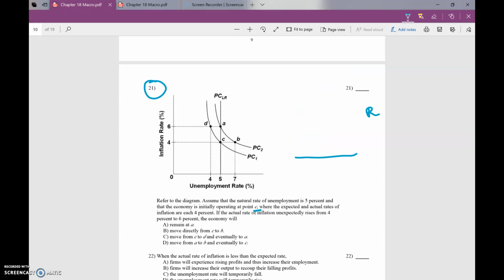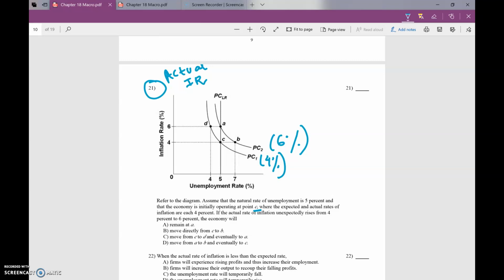And each short run Phillips curve is associated with some expected inflation rate. PC1 is associated with an expected inflation rate of 4%. PC2 is associated with an expected inflation rate of 6%. And on the vertical axis, we are reading the actual inflation rates.